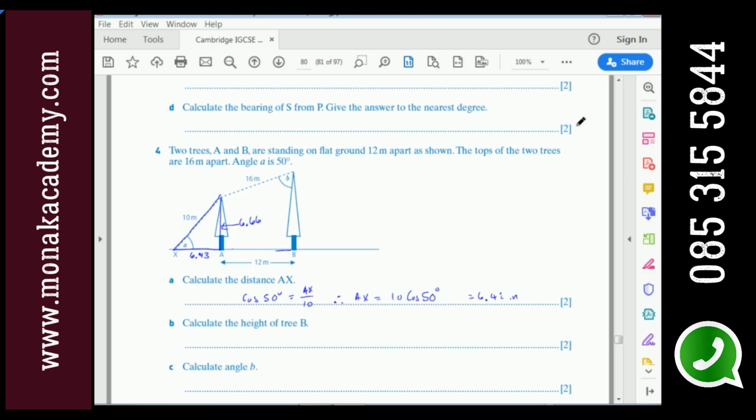Okay, that can work, but it's not going to be useful, because remember we want the height of tree B. I like the fact that at least we managed to find the height of tree A, which is good. But what is next now? I like the initiative that you are willing to put a line there. How else can you draw a triangle? Something that can be useful to us.